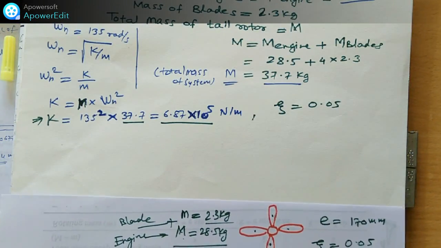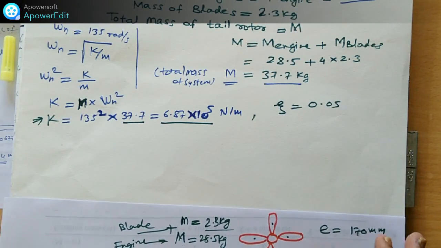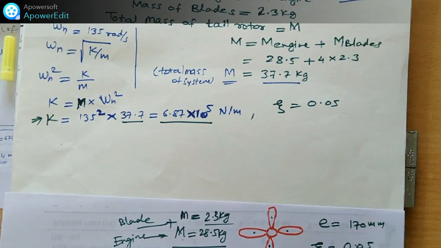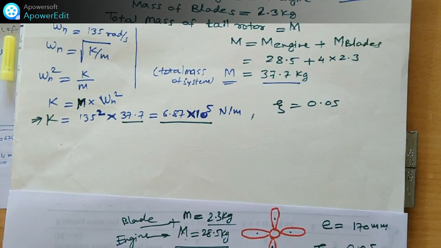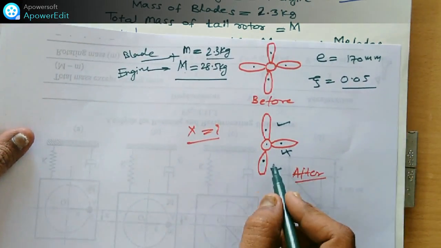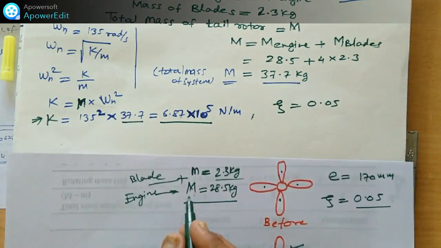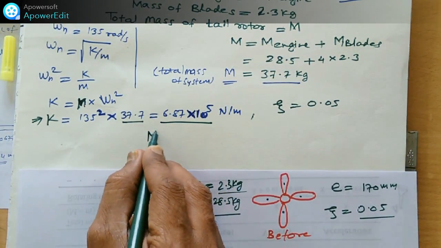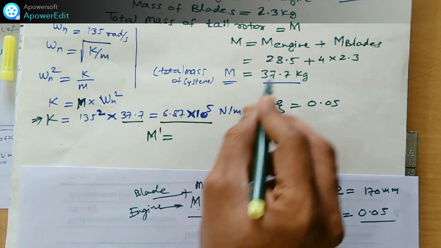So friend, in this case what we have to find out is X. Here the M we have already calculated, but after one of the blades has fallen off, what is the M? I will represent it as M dash. How do we calculate it?